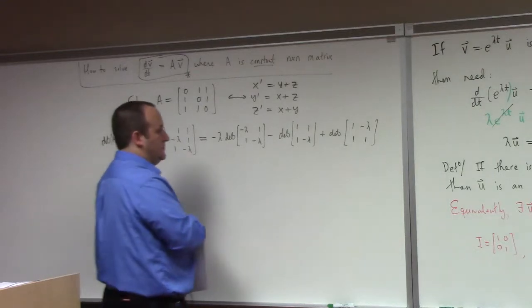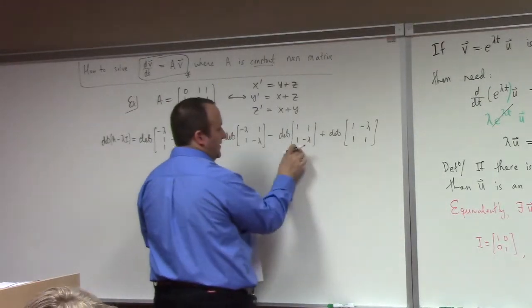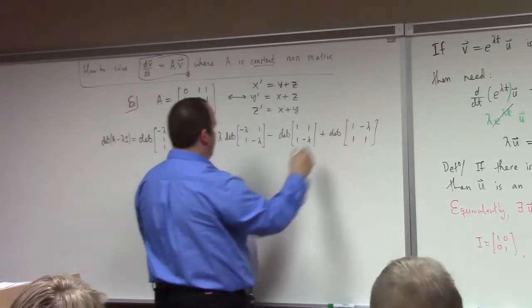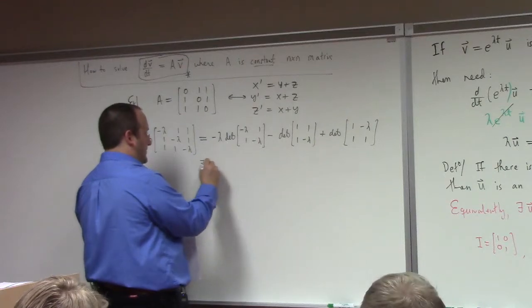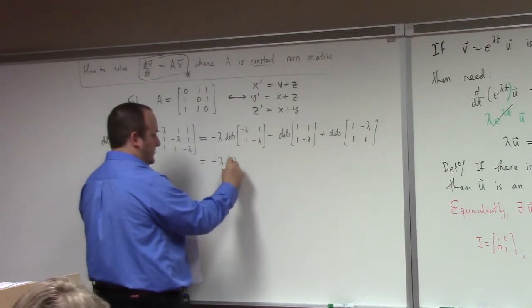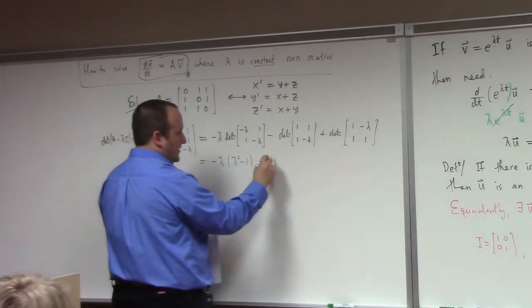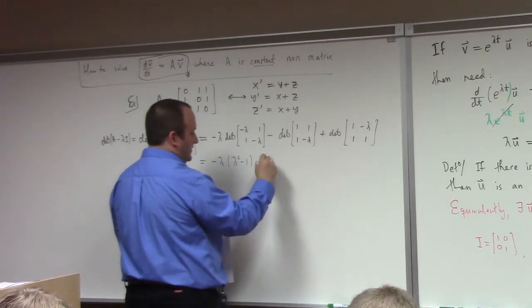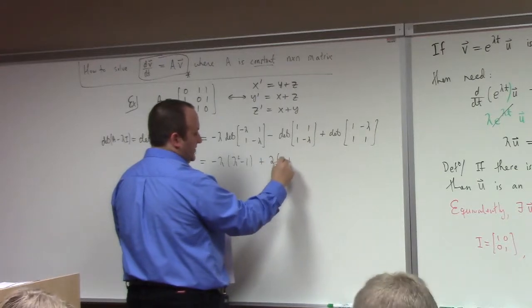Oh, these are actually the same, except that the rows are flipped. So we'll actually just get 2 copies of that. But I'll just write it out. So this is minus lambda times lambda squared minus 1 plus, well, I'll just get straight to it, 2 times 1 plus lambda.